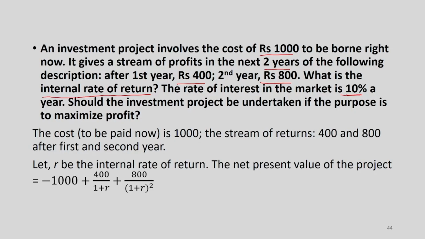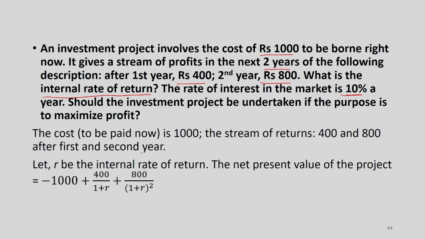So, first part, we have to find out the internal rate of return of this particular project, and secondly, the market rate of interest is given, it is 10% a year. So, we have to answer whether the investment project is profitable or not, whether it should be undertaken. Okay, so how to solve this?